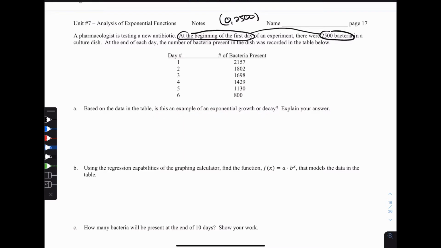So we are going to put this into our calculator, but before we do that, we can answer this question. As the days get bigger, notice how the number of bacteria are getting smaller. So the number of bacteria decrease. Are they decreasing at an increasing rate or a decreasing rate?